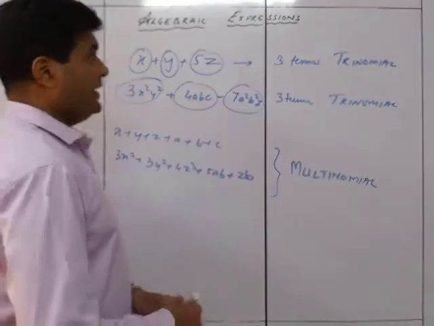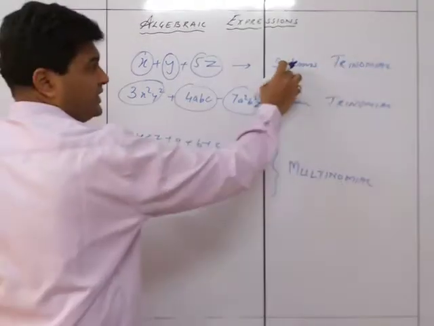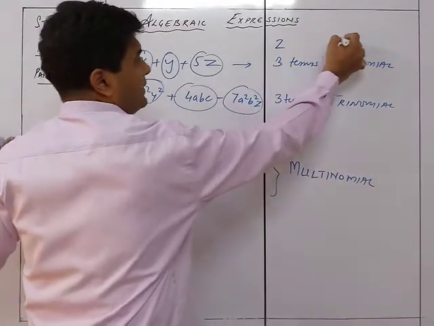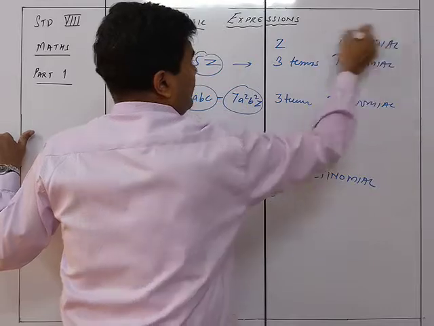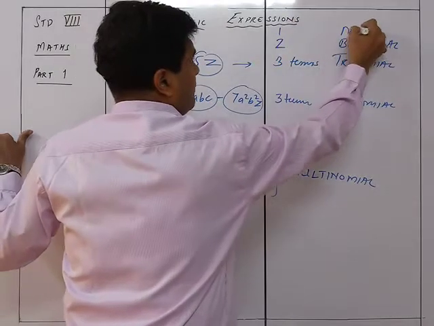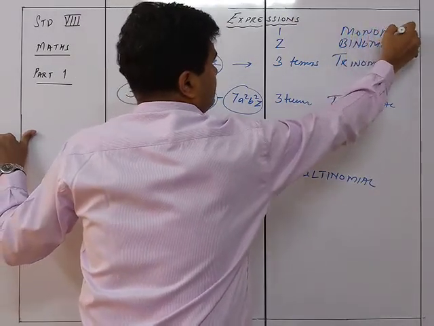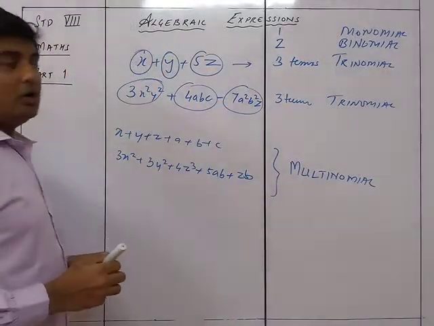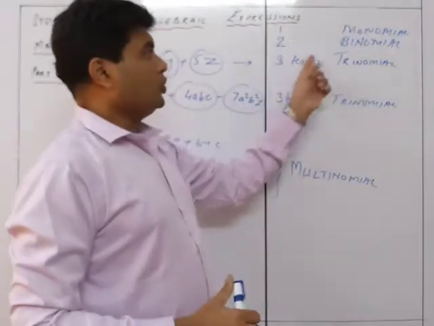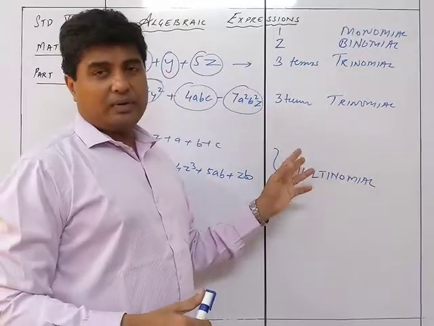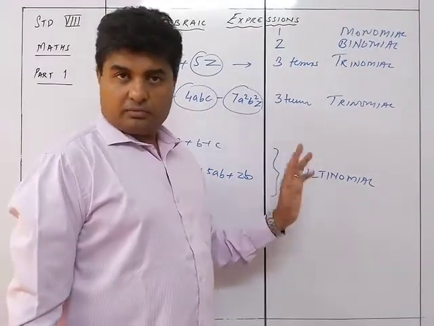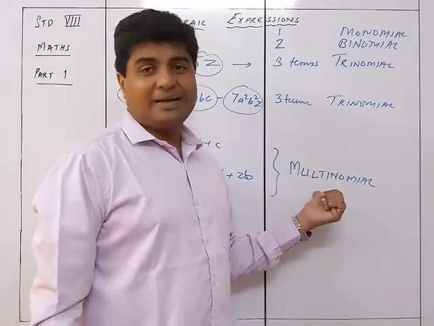So 3 terms is a trinomial, 2 terms is a binomial, and 1 term is a monomial. So 1 monomial, 2 binomial, 3 trinomial, and 4 or more, it could be 4, 5, 6, is a multinomial.